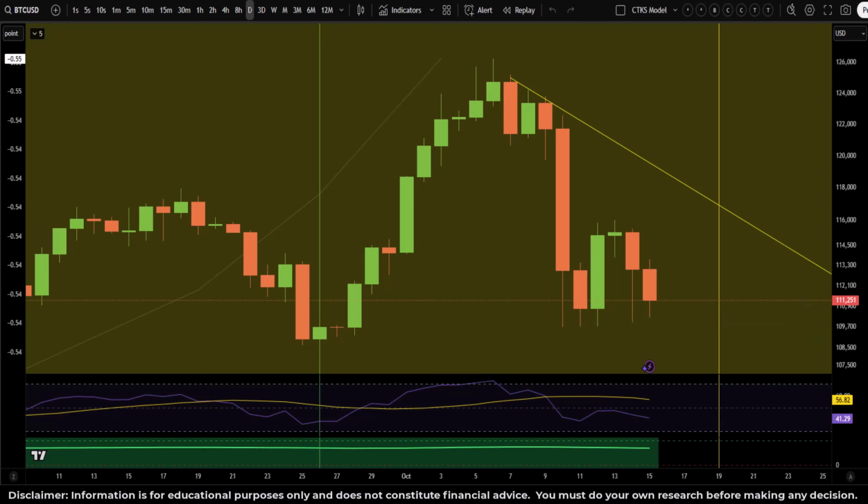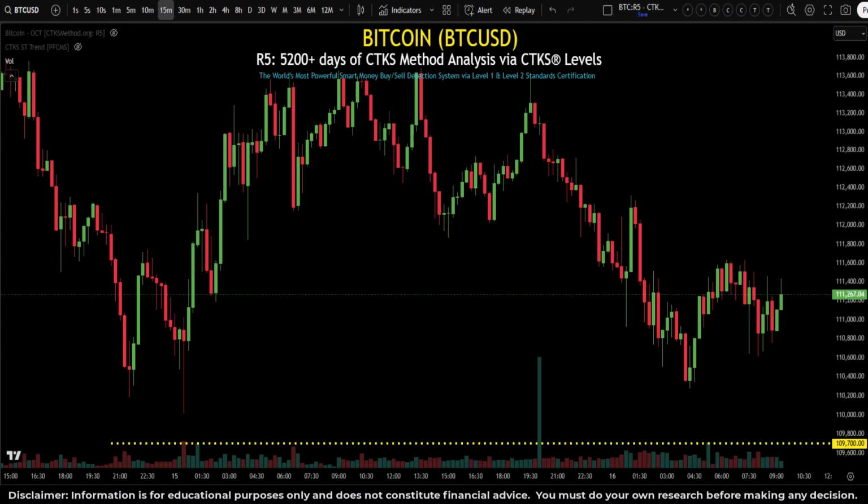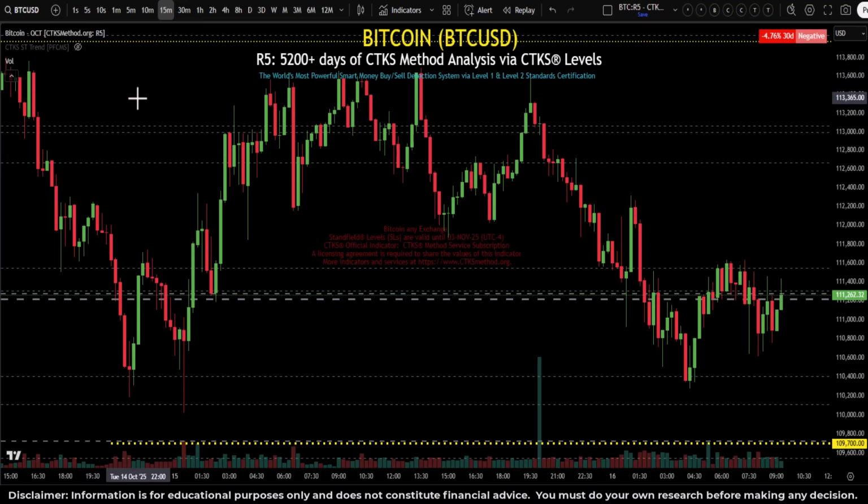Let's actually check if this is correct. I'll just go into a structural view of Bitcoin, put that 109,700, and let's look at a markup with level 1 and level 2 standard certification.